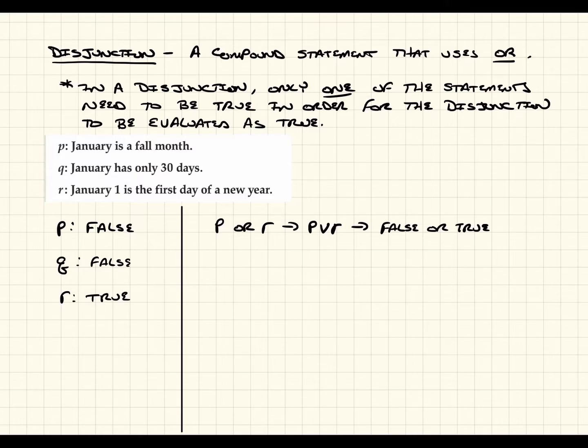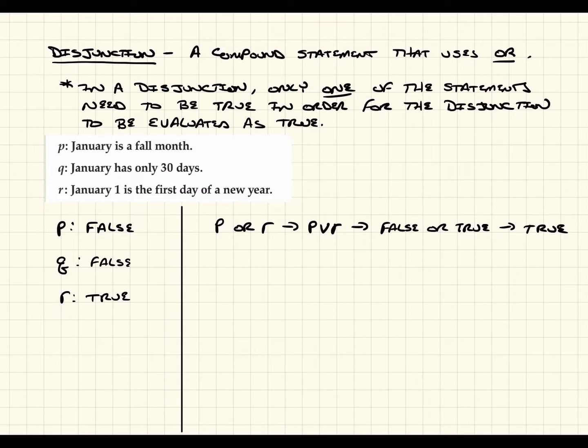In a disjunction, only one of the statements needs to be true in order for the entire disjunction to be evaluated as true. So the compound statement, January is a fall month or January 1st is the first day of the new year, that disjunction is true. Because again, only one of the pieces has to be true in order for the entire statement to be true. The word or basically means one or the other has to be true.